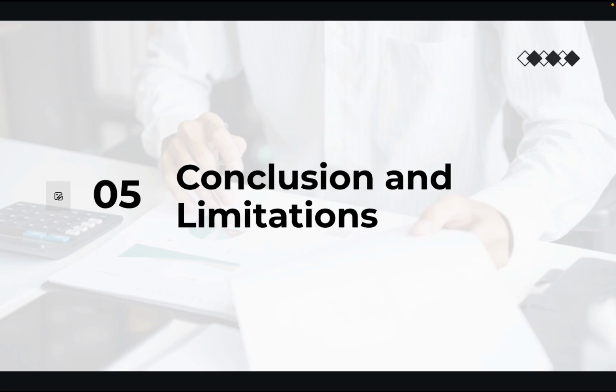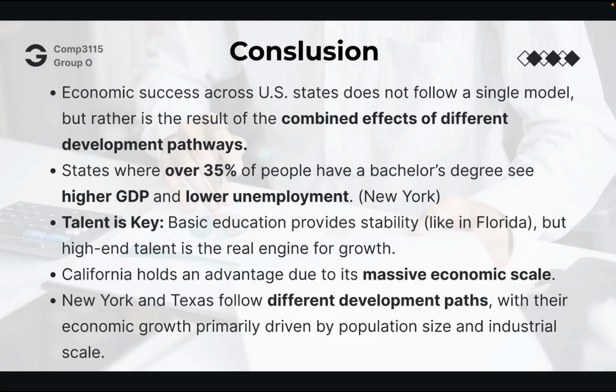Now the conclusion and limitations. It's about the conclusion: economic success across U.S. states does not follow a single model, but rather is the result of the combined effects of different development pathways. States where over 35% of people have a bachelor's degree see higher GDP and lower unemployment, like New York. And talent is key.